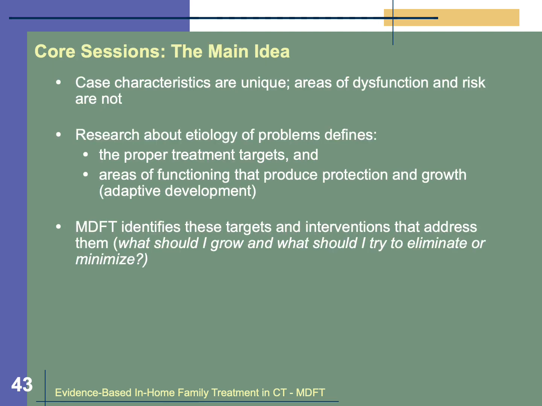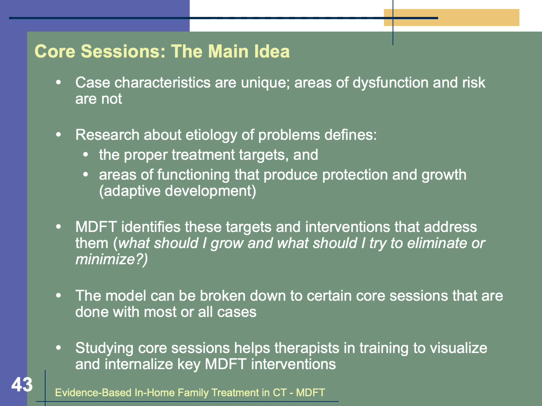So then we essentially look at the area of dysfunction for the family. I presented some general risk factors, but we look at the risk factors for the family, and they might be slightly different than the general risk factors.